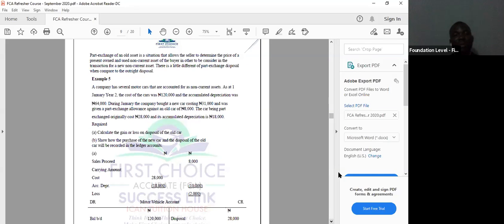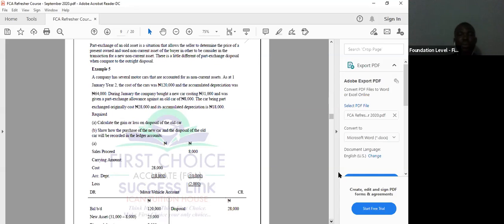So let's look at this example. A company has several motor cars that are accounted for as non-current assets. As at 1st January year 2, the cost of the vehicles was 120,000 and the accumulated depreciation was 64,000.